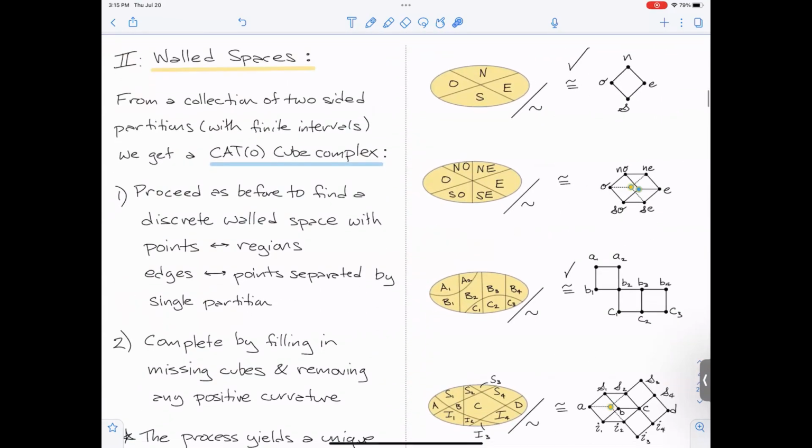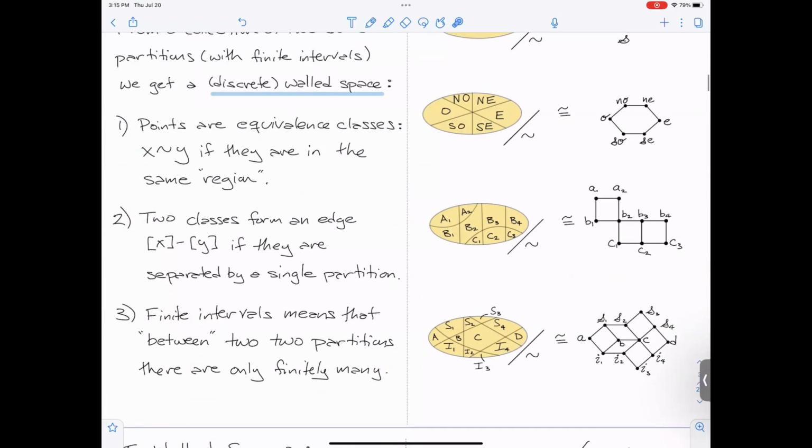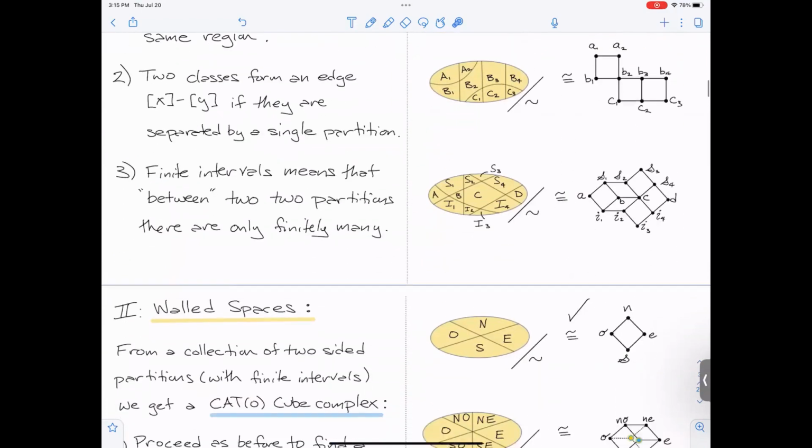Next, from this discrete walled space data, I'm going to construct a canonical cat-zero cube complex. We're just going to fill in all of the cubes that are missing. Since this one was already a cat-zero cube complex, it stays the same. However, this one, as you may recall, was the 6 cycle.